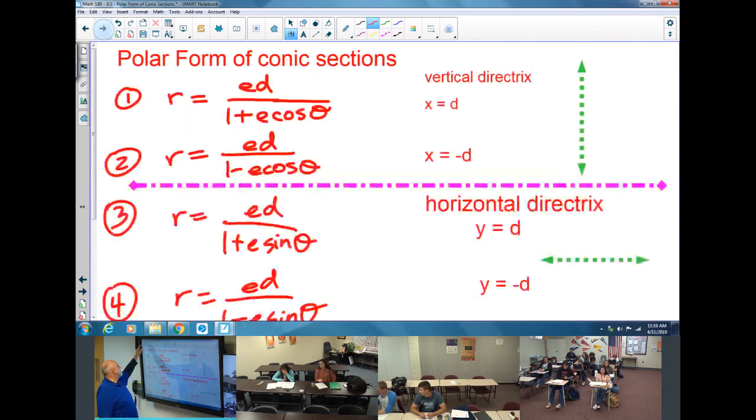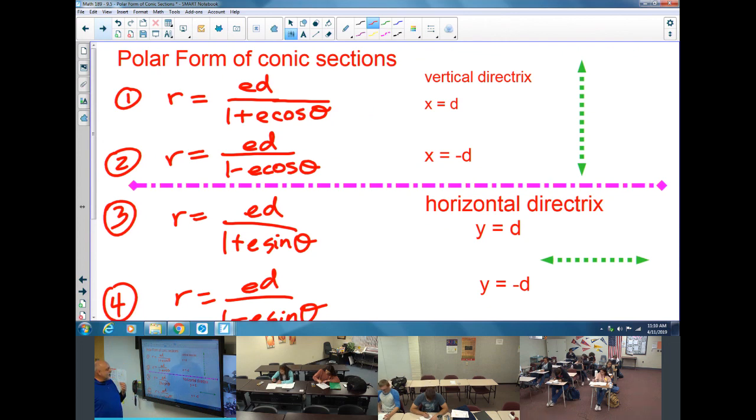All right. So now this is the other page of notes here. The polar form of conic sections. I've got the first two lines, and you might want to separate them like I did to help you organize, because there's a lot of information here.